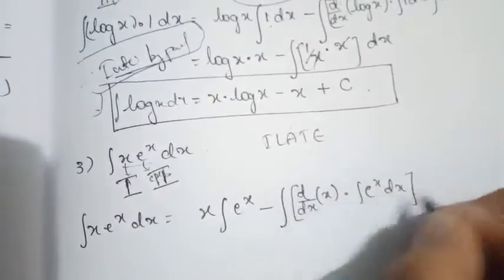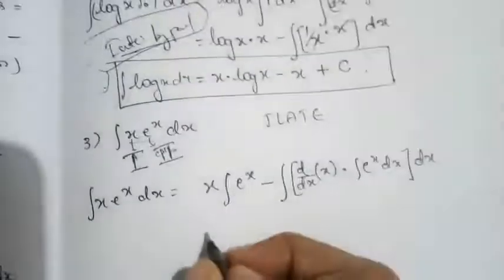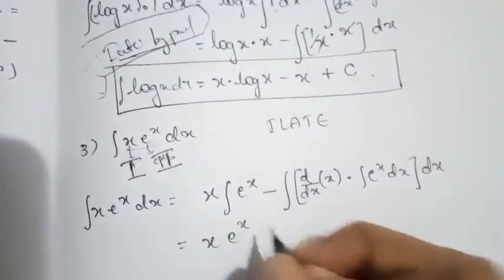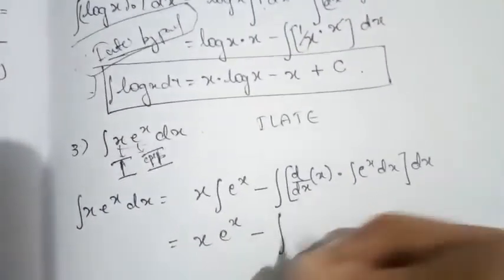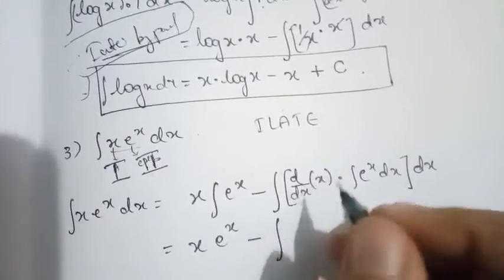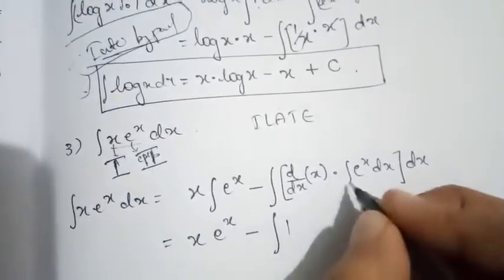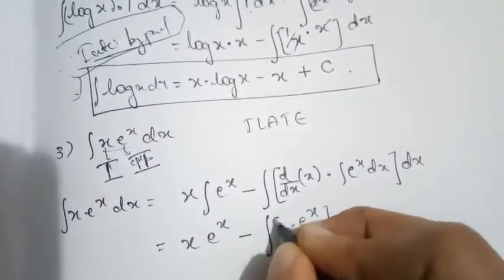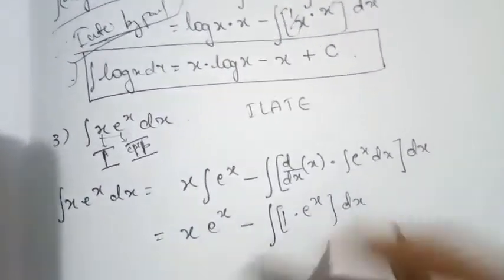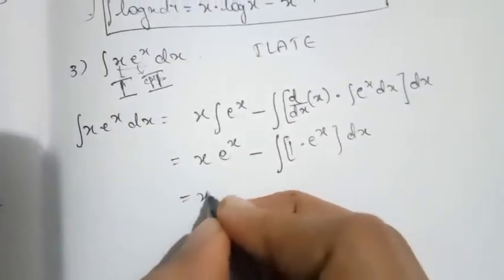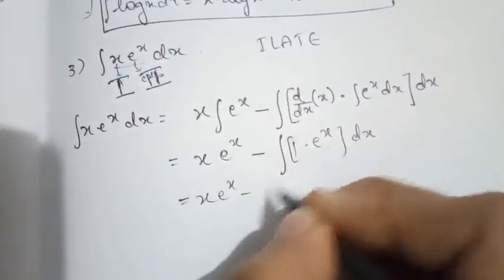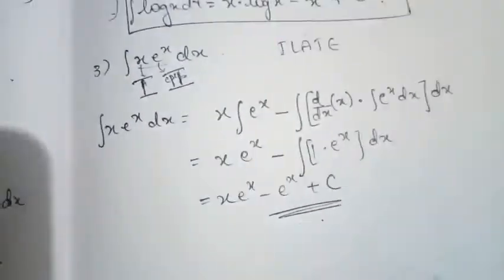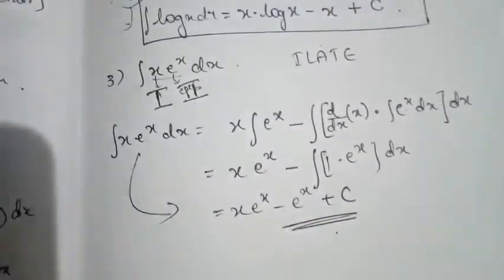That is equal to x, integration of e power x is e power x itself, minus integration of differentiation of x with respect to x, which is 1, into integration of e power x, which is e power x itself. So x into e power x minus integration of e power x, which is e power x, plus c. This is the integral value of x e power x.